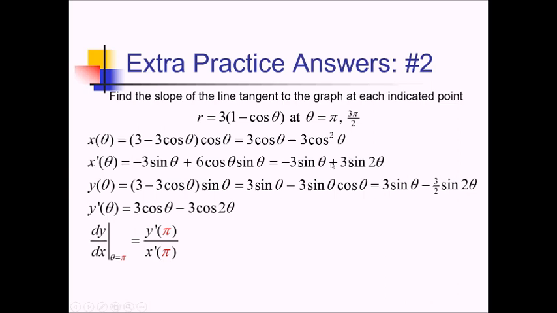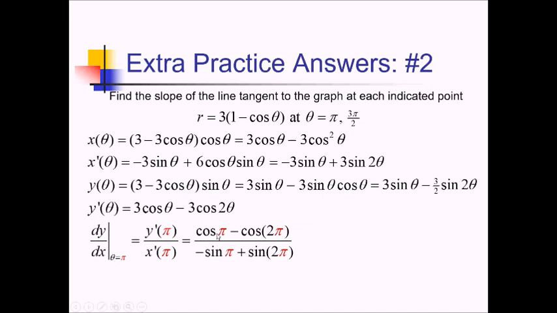Now, I just took the liberty of canceling out all these 3's, since everything is going to have a coefficient of 3. So I'm going to write out this numerator now as just cosine of theta minus cosine of 2 theta. And I'm going to write out this denominator as negative sine of theta plus sine of 2 theta. So these all had 3's, but again, I canceled all of those out.